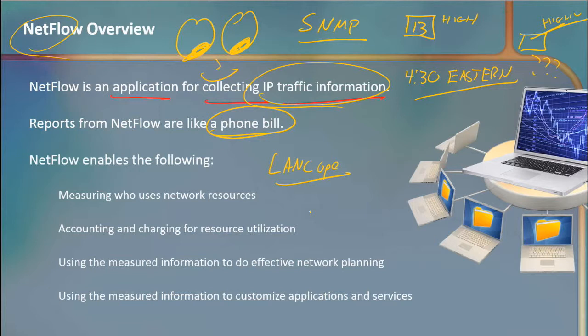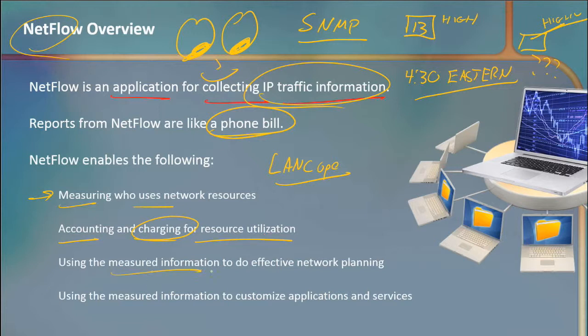That's pretty cool. And that's something that if you're in that team or building traffic policies, I'm sure this is some information you'd want visibility to. And again, what does it show us? If I didn't sum it up before, it measures who's using network resources, which network resources, how much of those network resources, and at what time. It gives us accounting and the ability to do chargeback for resource utilization.